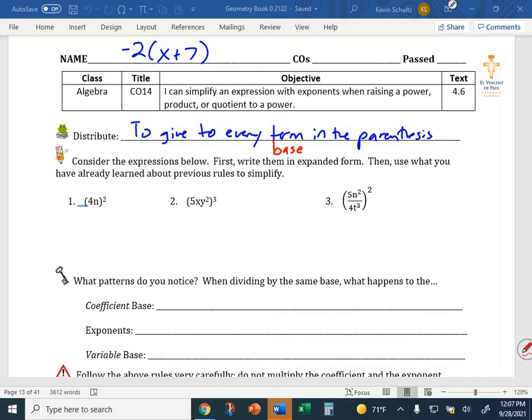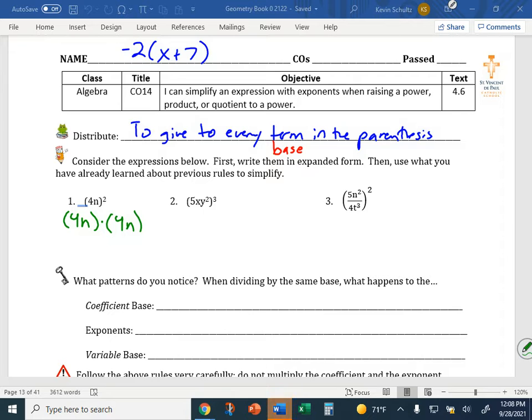So in that first one, where it's 4n in parentheses squared, what is the base of that power of 2? What's getting squared? N, and because it's in parentheses, the 4. So in expanded form, we have 4n times 4n, both being squared because of those parentheses.